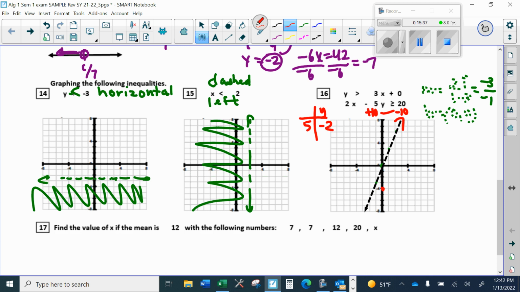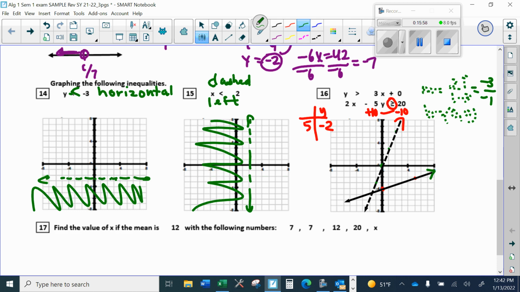So (5, -2) is another point on the line. Okay, so now this one is greater than or equal to, so it's solid. So I need to pick the solid one. Okay, and then again, put the arrow on the other end, so it's a line.